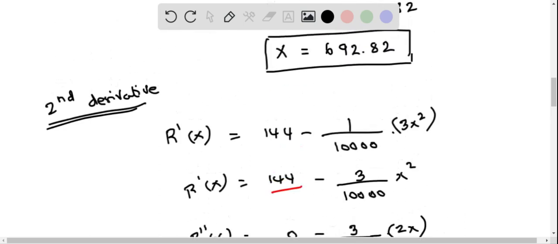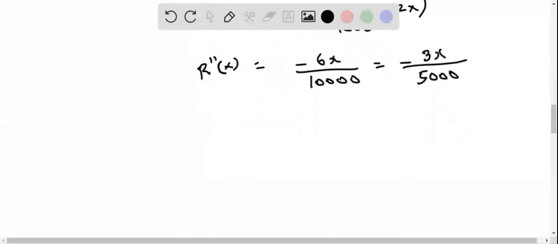So this is our R double prime of x, that is the second derivative. Now we take this critical point, that is we plug in this critical point x equal to 692.82 into the second derivative, and determine if it gives a positive or negative value.